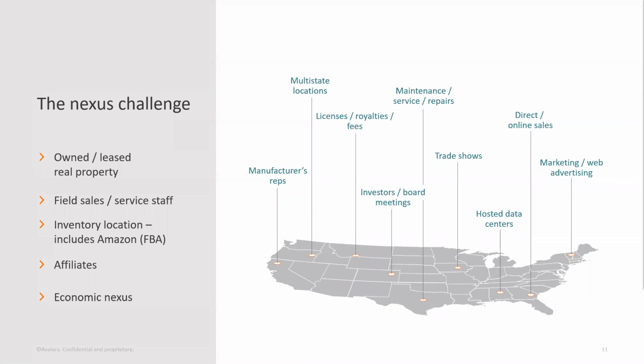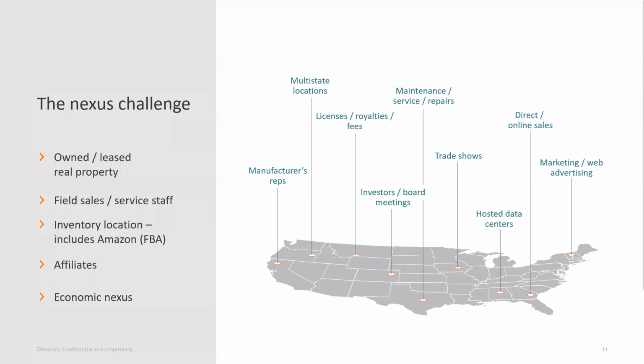To start with physical presence, the big thing to look at is where you have office locations. If you have an office or a store headquartered in a state, you have physical presence in that state.